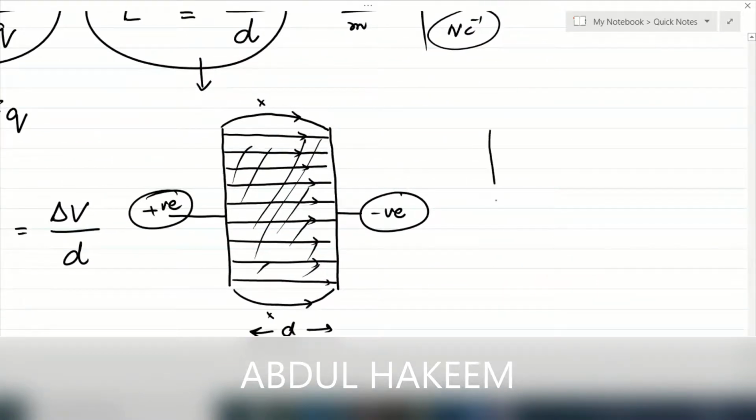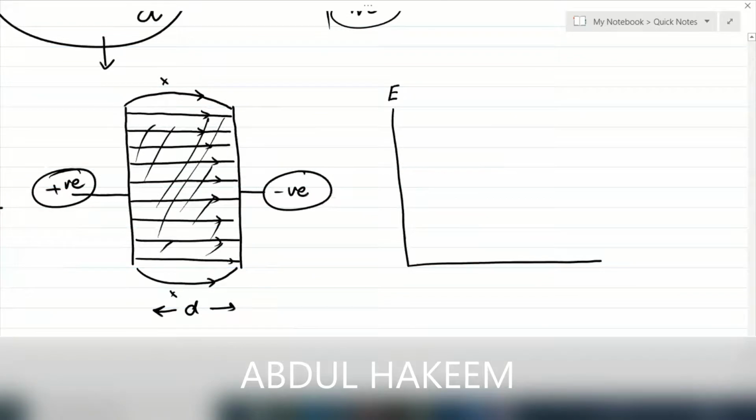So when the graph is plotted between electric field strength and the distance, and the distance means the distance of the point from any plate, meaning the plates are fixed and we are changing the distance from either plate.